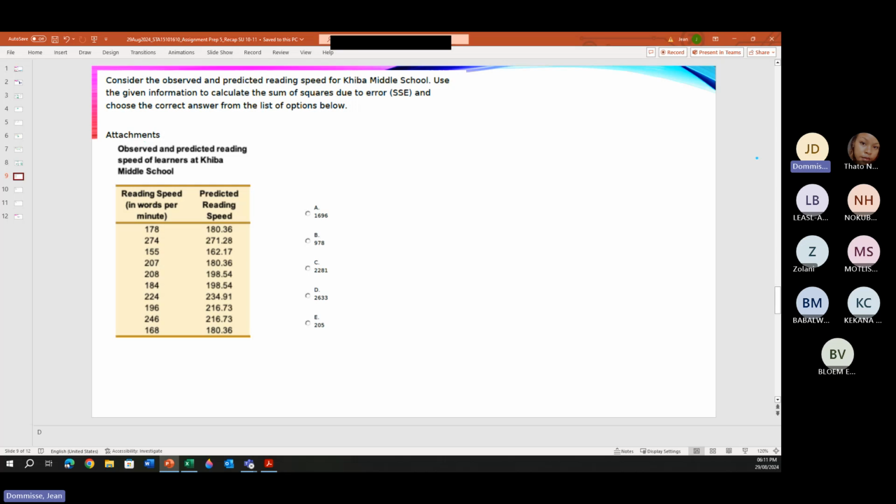So let us quickly put in the formula to work that out, so that we make 100% sure about that, because there is a formula to work out the prediction.